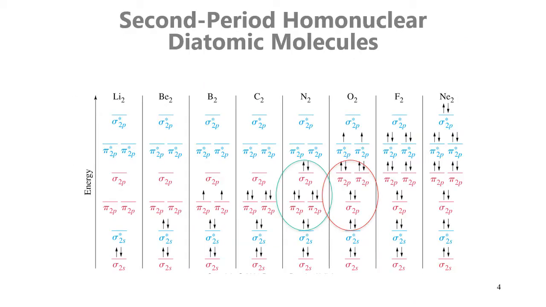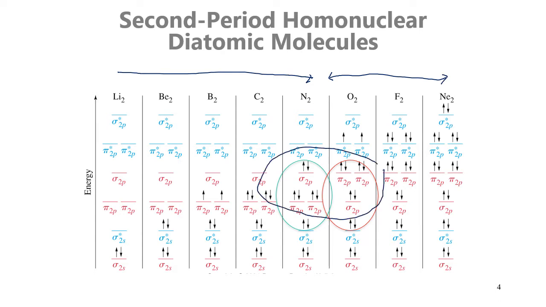Yes, you can check the answer of the exercise in the previous video here, but please remember to write the correct electronic configuration, especially for different groups of elements as shown in the green and red circle here. So this is group 1 to 5, and this is group 6 to 8. There's a difference here.